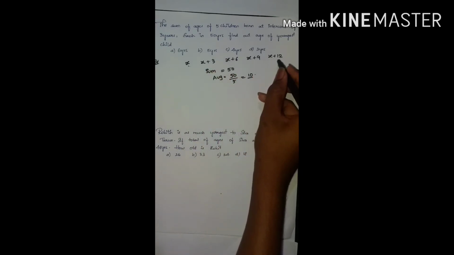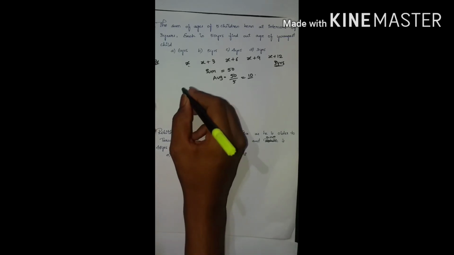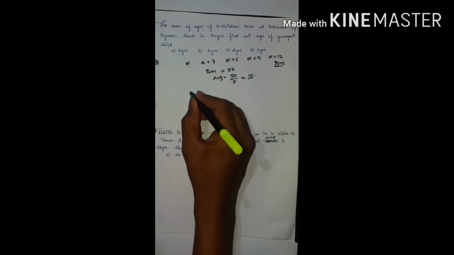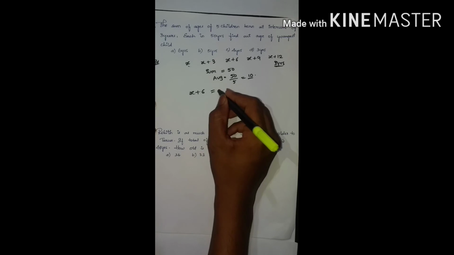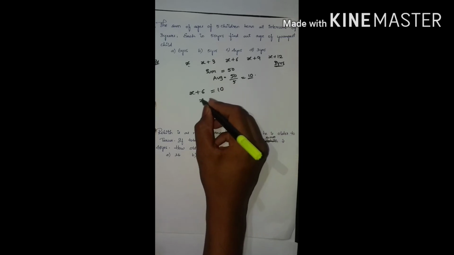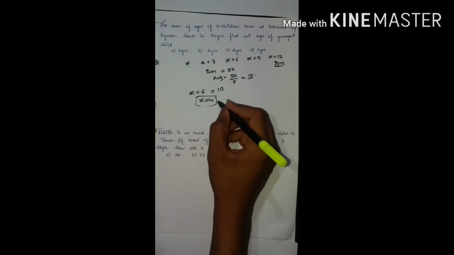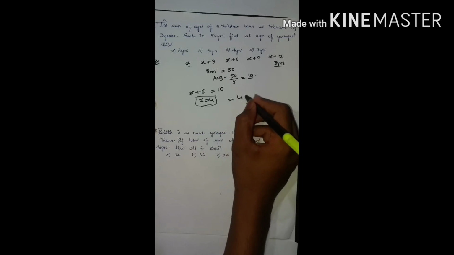These are at regular intervals of 3 years. So as we know, the average means the exact middle term when the terms are in arithmetic progression. So the middle term is x plus 6, and as we know that average is equal to 10, so x plus 6 equals 10. So we know that x equals 4. The youngest child's age is 4 years.